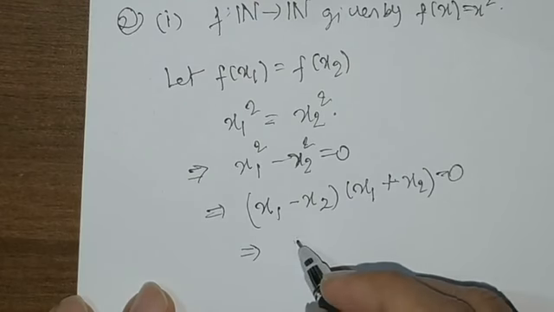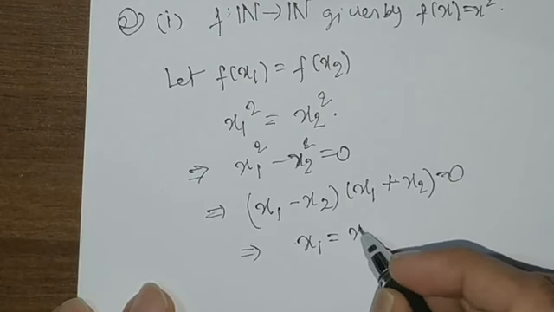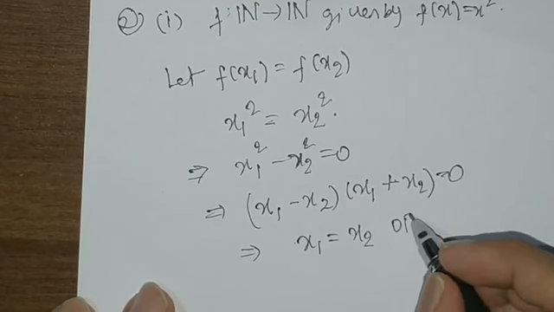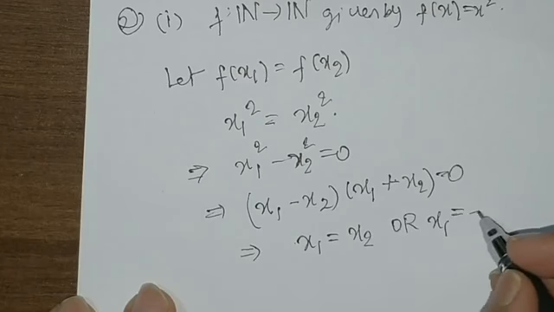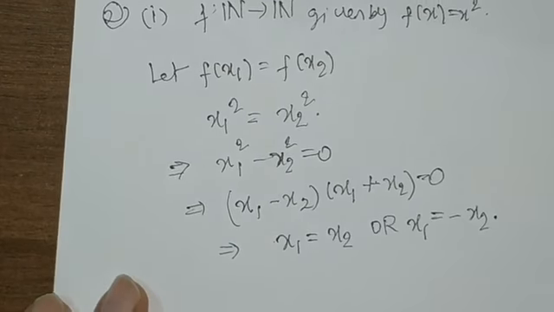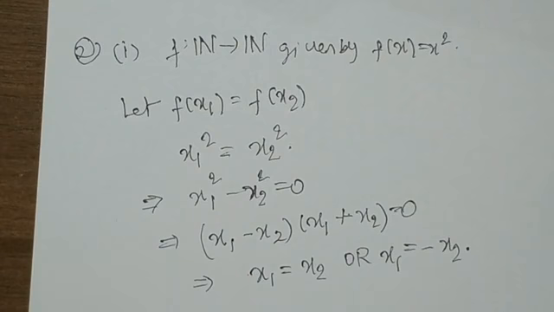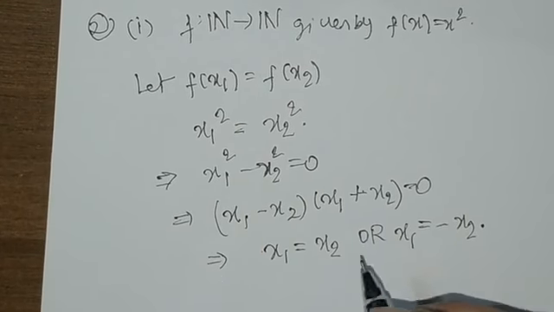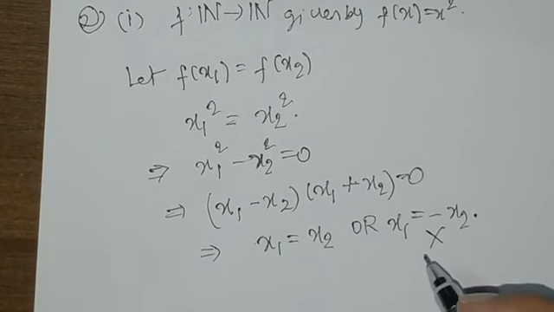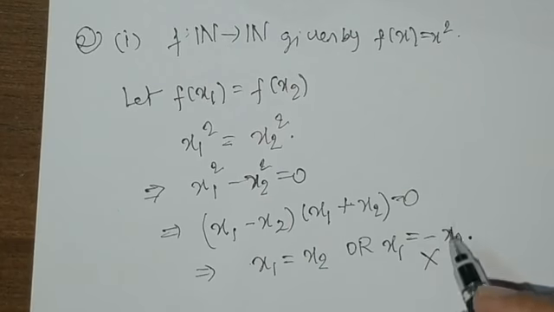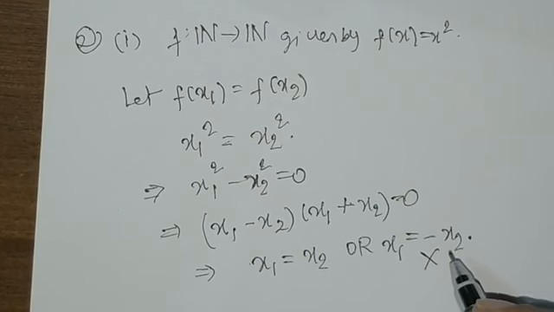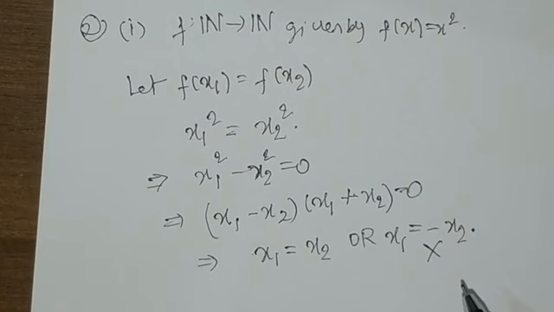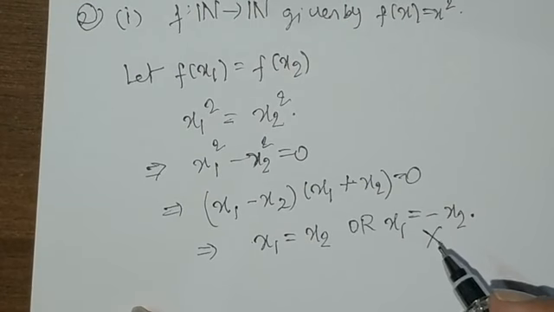So what you will get is x1 is equal to x2, or x1 is equal to minus x2, right? So see, this case is discarded here. Why? Because what we are writing is a natural number is the negative of a natural number, right? That is not possible.